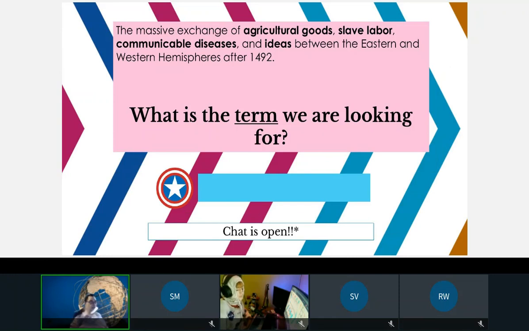All right, real quickly, can somebody use the text tool? Just type in the term I'm looking for there: the massive exchange of agricultural goods, slave labor, communicable diseases, and ideas between the Eastern and Western hemispheres after 1492.